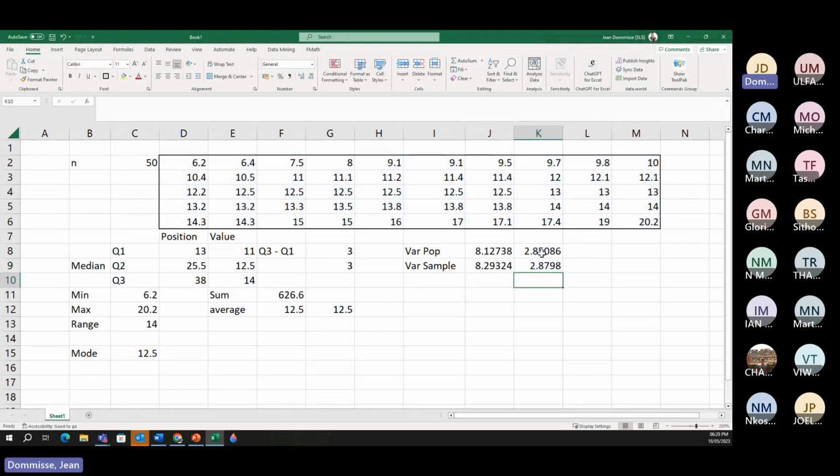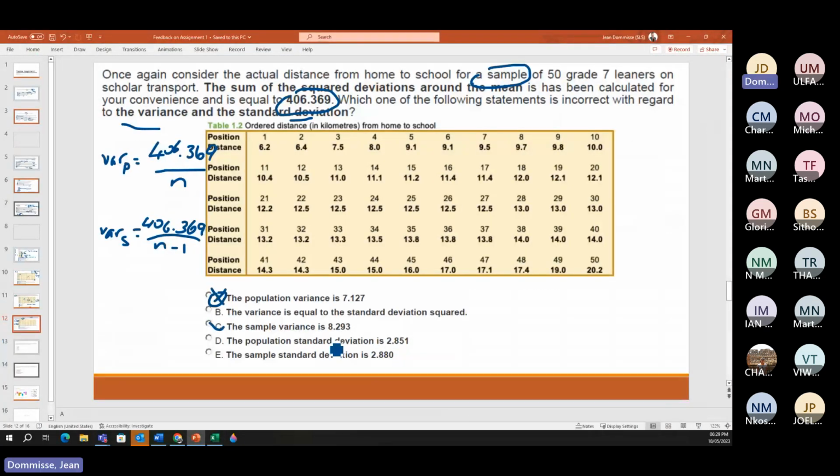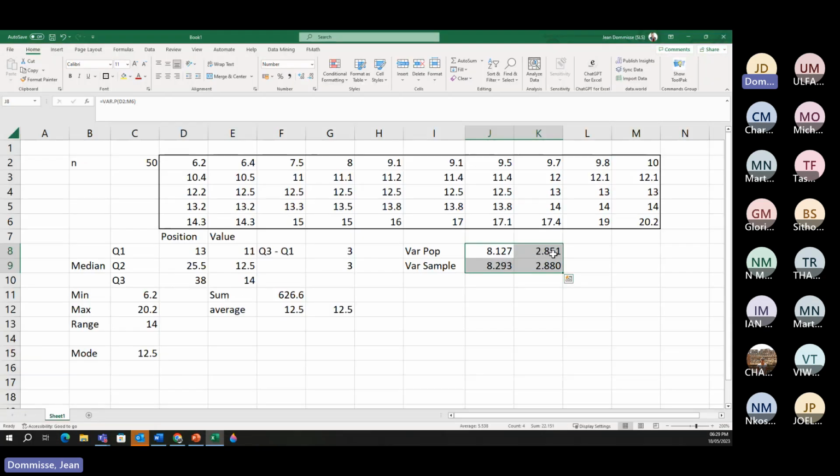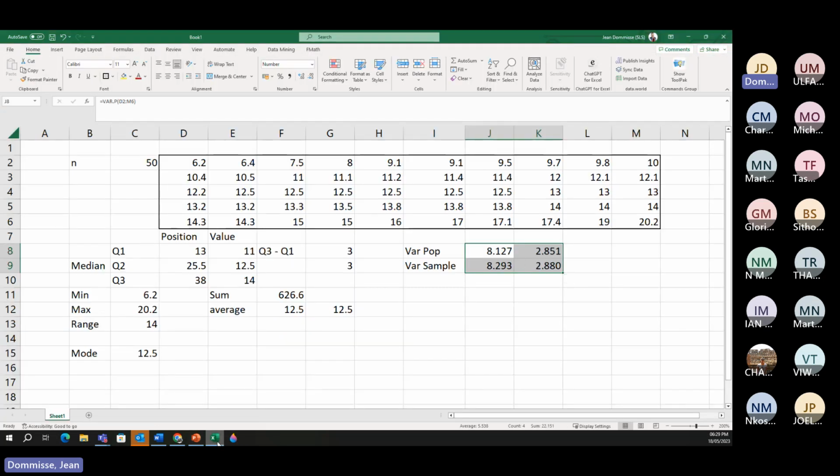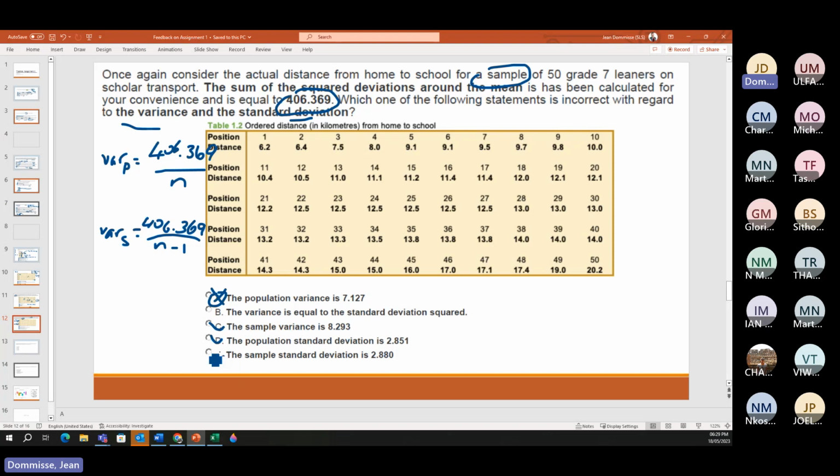So let's just round it off a bit. The population standard deviation is 2.851, correct. The sample standard deviation is 2.880, correct. Okay, and then the variance is equal to the standard deviation squared, which is also correct.